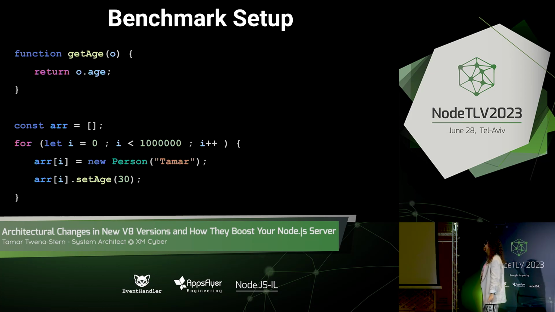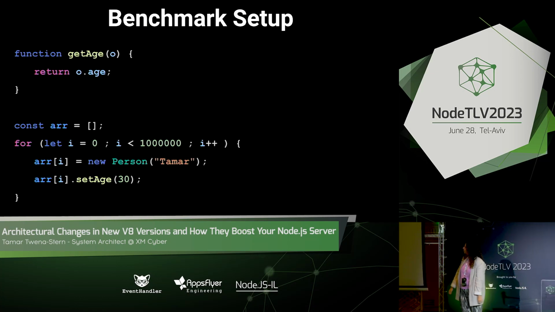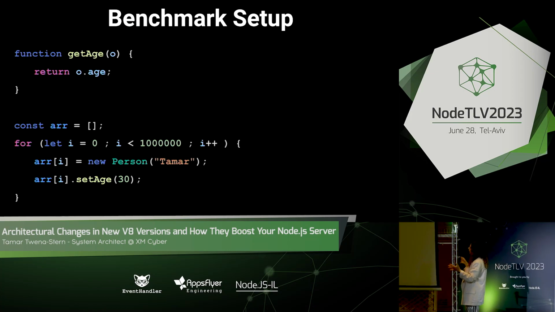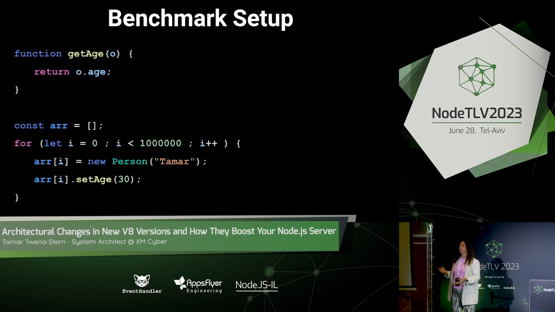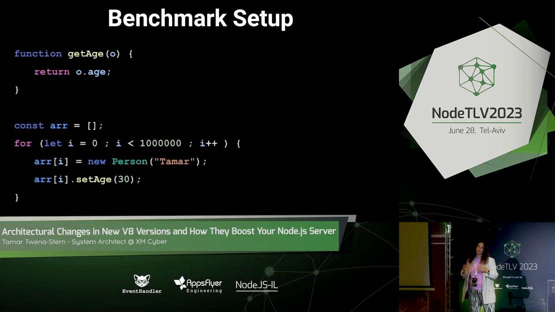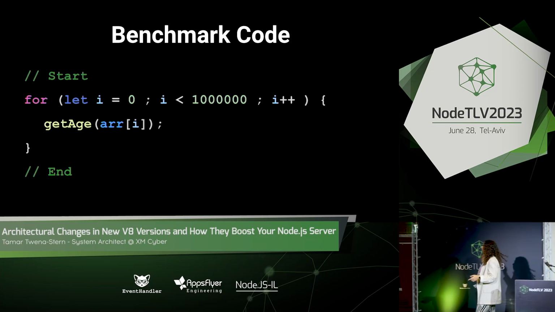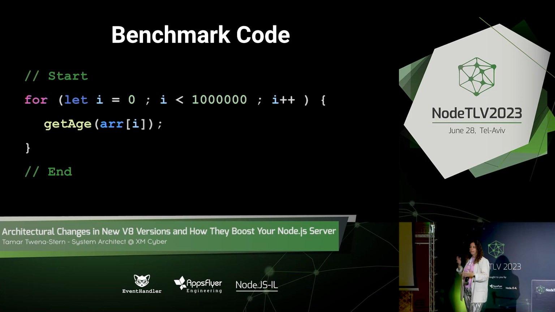We have getAge, and that's the function that we're gonna measure. getAge is accessing age. And we are going to have an array with a large N, to make Turbofan, inline caching, everything start working. We're gonna create 1 million objects, and we're gonna set the age on all of them. And now that's the benchmark. We're gonna do getAge a million times.